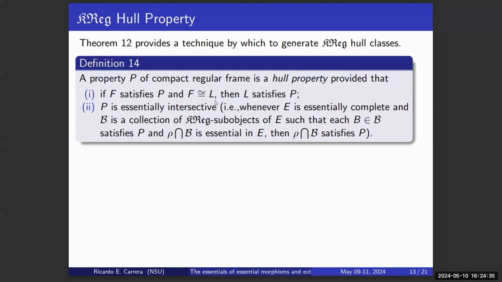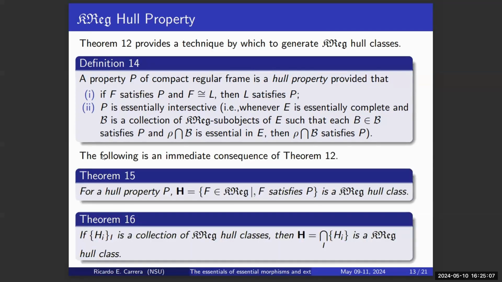Whenever F is isomorphic to L and F satisfies P, then L must satisfy P. And P is essentially intersective, which basically means that if you take an essentially complete object E and a collection B of kReg subobjects of E, each satisfying P, and you look at the intersection and apply the regular co-reflection, and that's essential in E, then that also has to satisfy P. In other words, it meets the requirement we needed for theorem 12. Okay. All right.